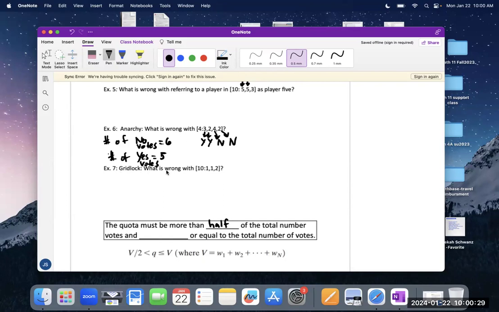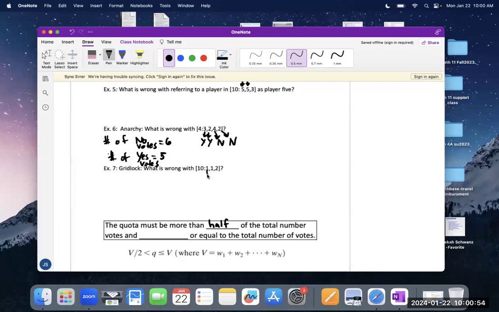And then let's look at what's wrong with this voting system. So the quota is 10, and the first player has a weight of 1 point. The second player has a weight of 1 point, and the third player has a weight of 2 points.